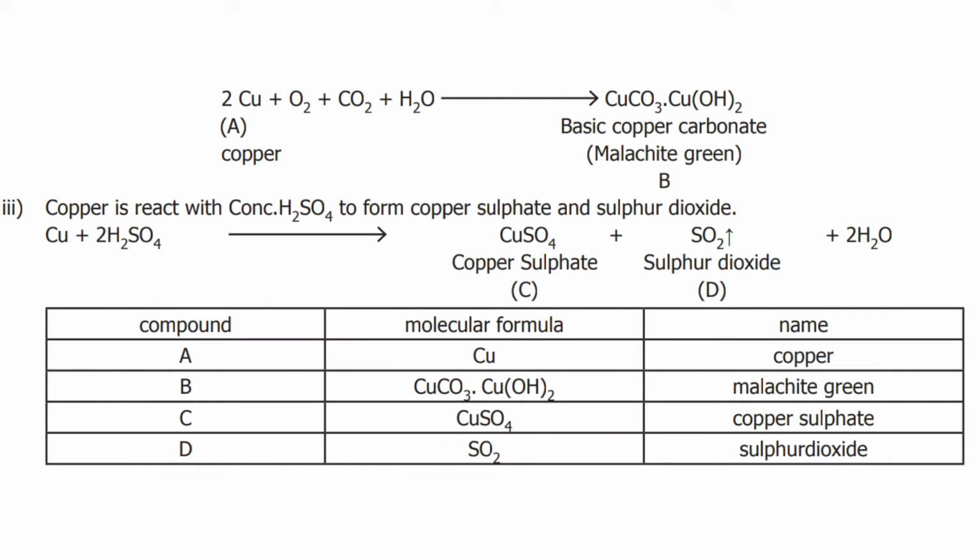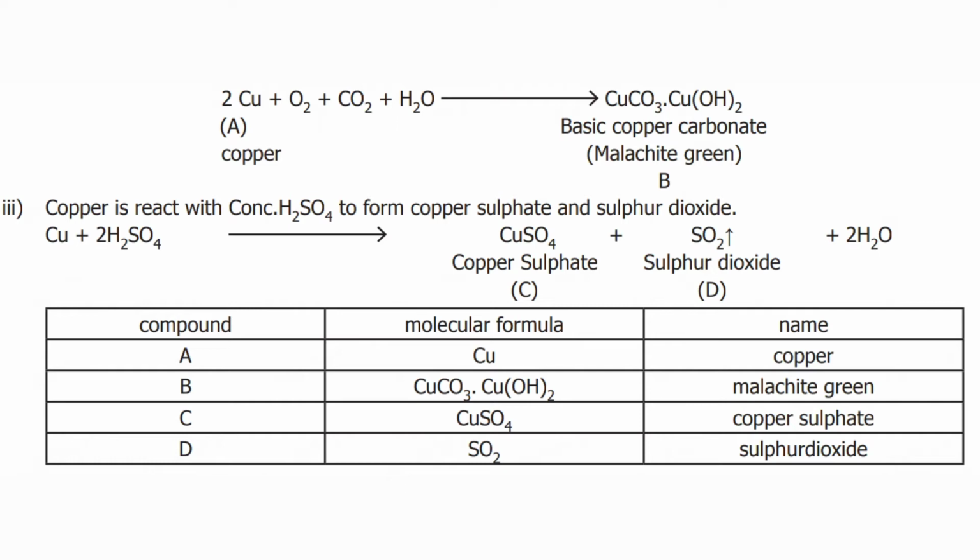Third point, copper reacts with concentrated H2SO4 to form copper sulfate and sulfur dioxide. Cu plus 2H2SO4 gives CuSO4 plus SO2 gas. We get copper sulfate and sulfur dioxide.